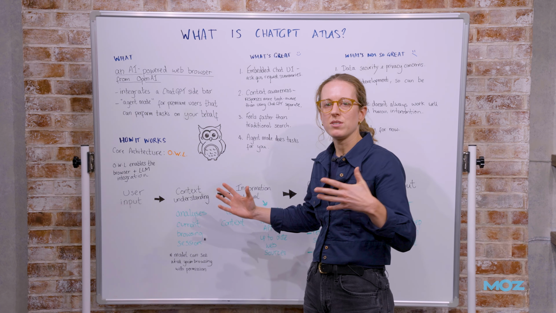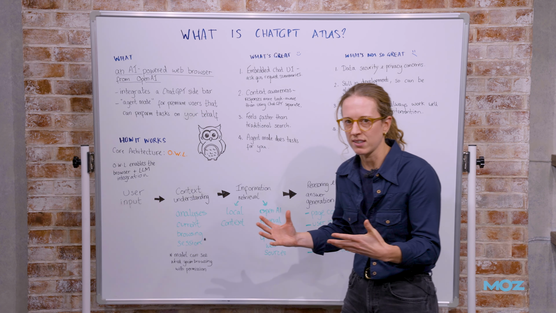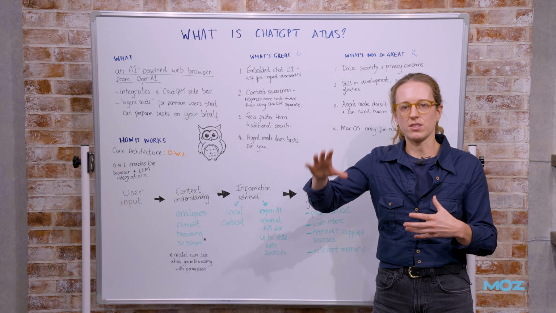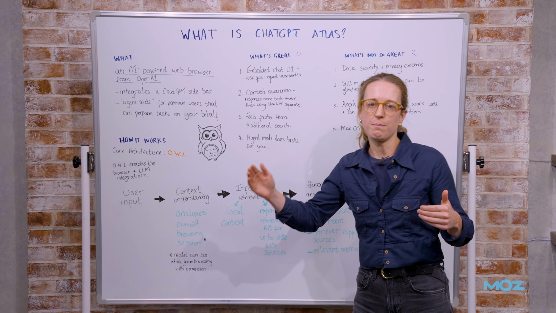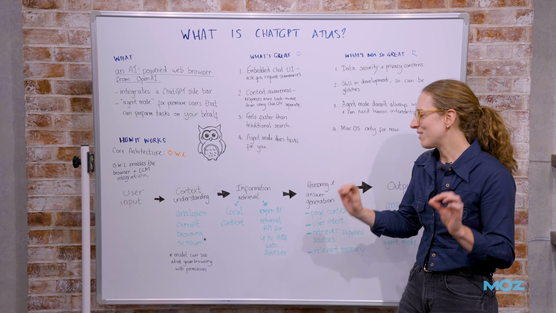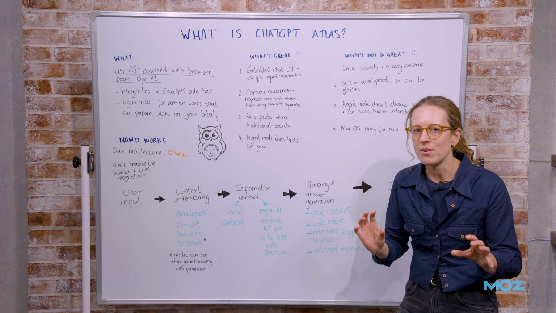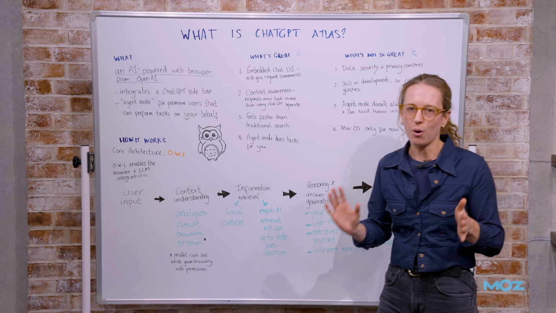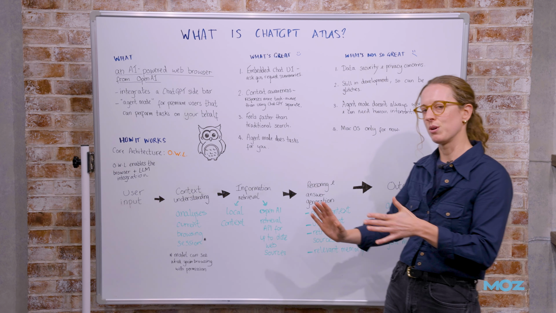So then what happens is there's a context understanding that goes on. It analyzes what your current browsing session is, and that could be multiple tabs. Now, just so you know, the model can see what you're browsing only with your permission. So you can switch this on or off in ChatGPT's Atlas at the moment.